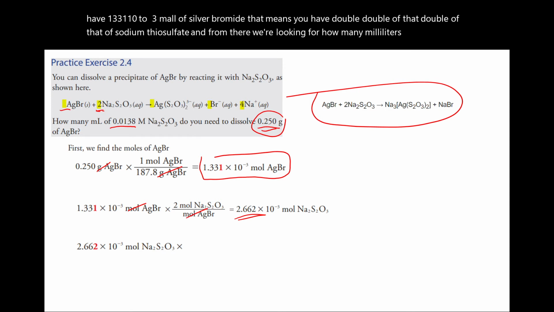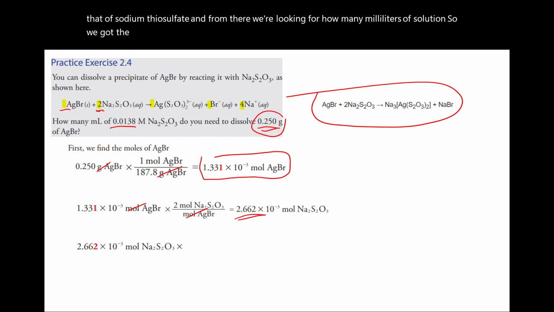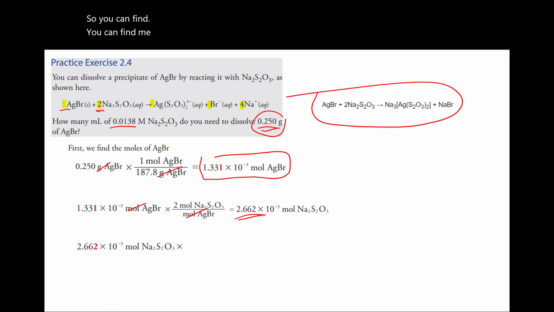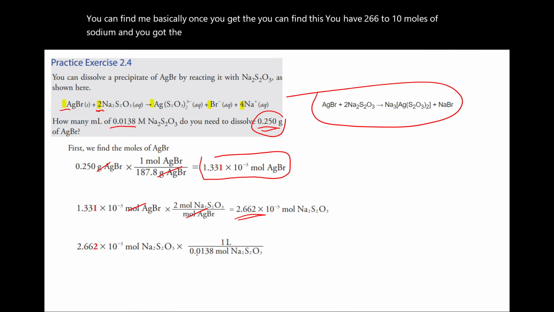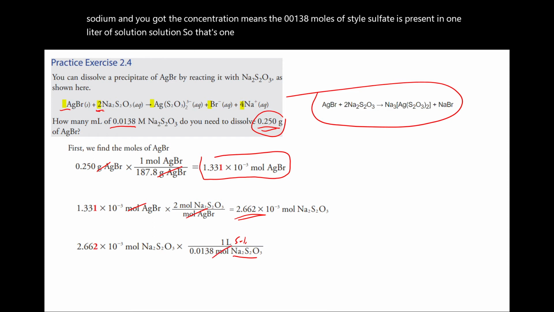So we got the moles of thiosulfate, and we have the concentration. Once you get this, you have 2.662 × 10^-3 moles of sodium thiosulfate, and the concentration means 0.0138 moles of thiosulfate is present in 1 liter of solution. So that's 1 liter, and the moles will cancel out here.